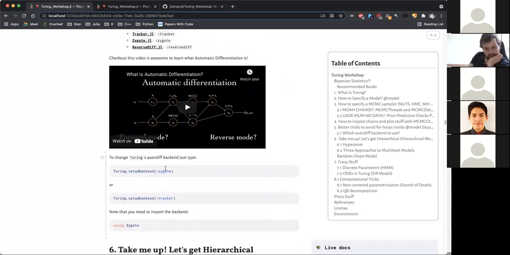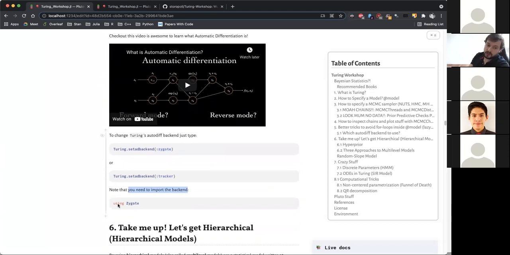And how do you set your backend? You just use a Turing function called setadbackend, and you choose Zygote or Tracker. And also a caveat, you have to import your backend in your Julia session. So next to Turing, just do using Zygote or using Tracker or using ReverseDiff or whatever backend you will use.